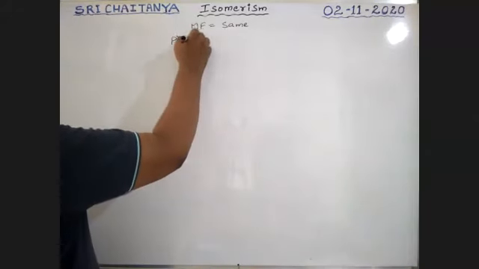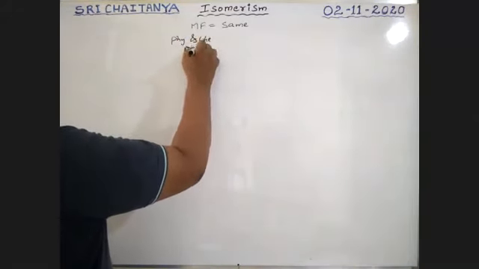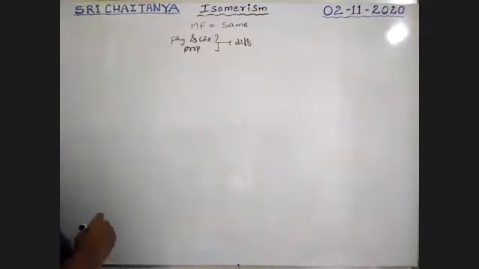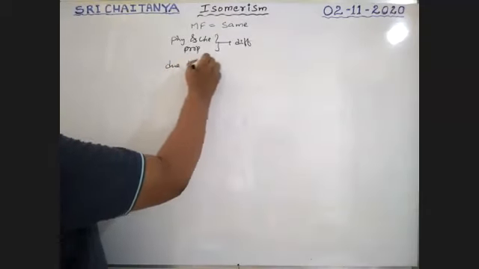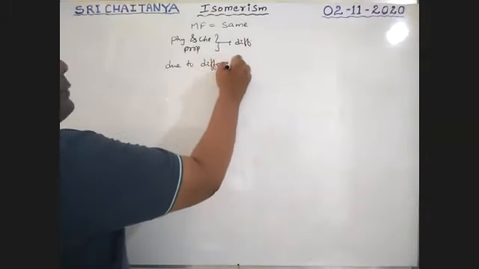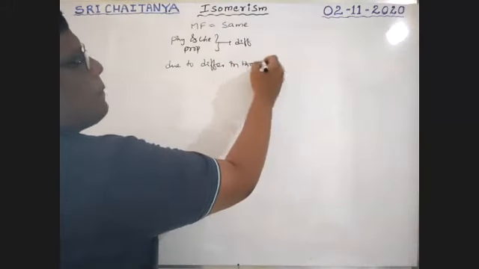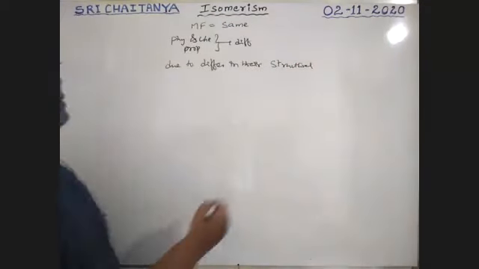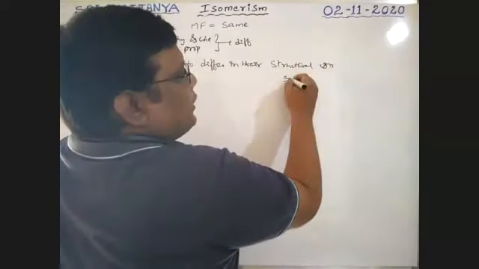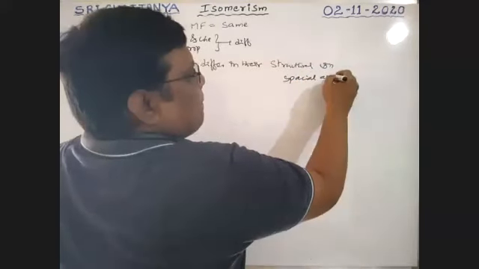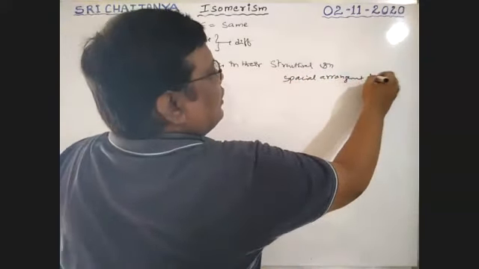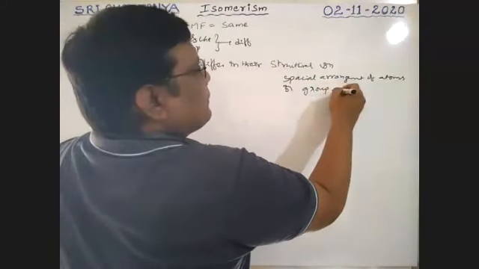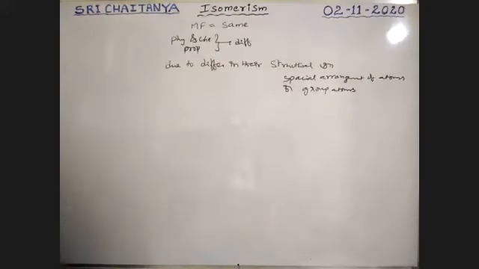Physical and chemical properties are different due to differences in their structural arrangements or spatial arrangements of atoms or groups of atoms.